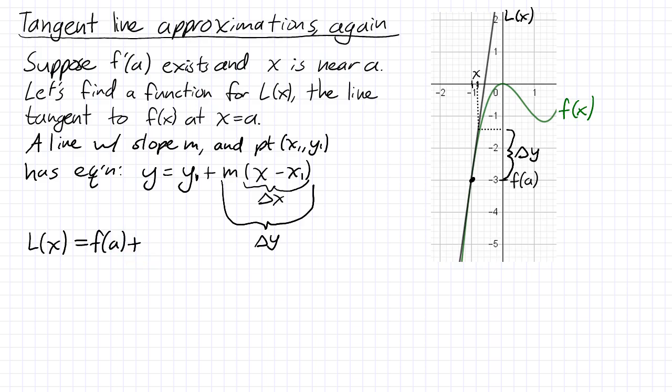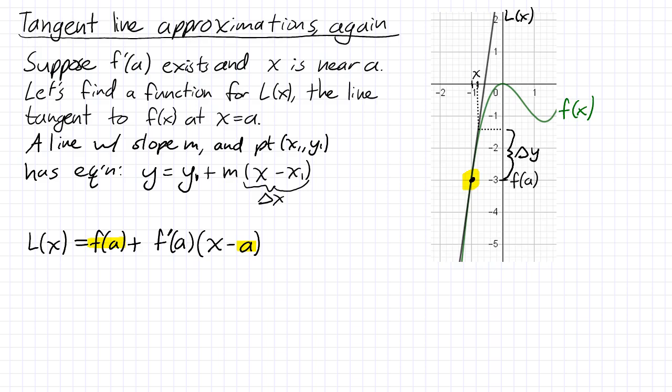And then we're going to add to that the slope of the tangent line, and the slope of the tangent line is just the derivative of the function at that value of a. And then we multiply that by our delta x, or in this case x minus a, because the specific point we know about right here is a, f of a, so that's your x1, y1.